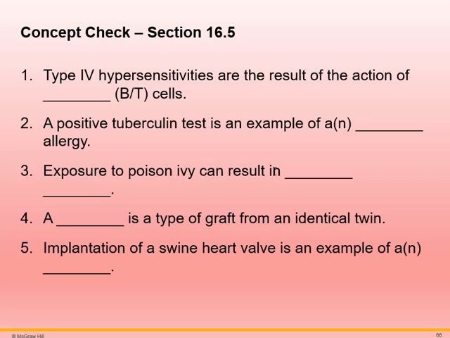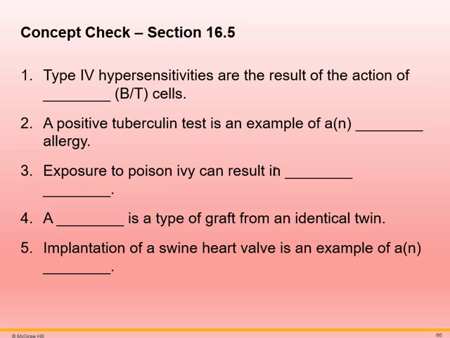Exposure to poison ivy can result in blank blank. Two terms. So this is the contact dermatitis. So it comes into contact with an allergen, a resin that's on the plant, and that causes a sensitizing dose, and when you're exposed to it again, then you get the symptoms of the poison ivy.